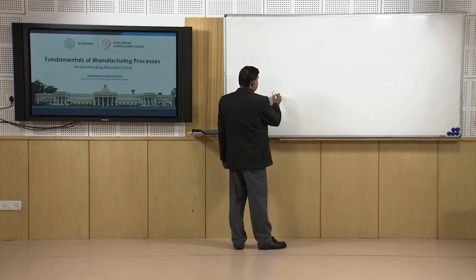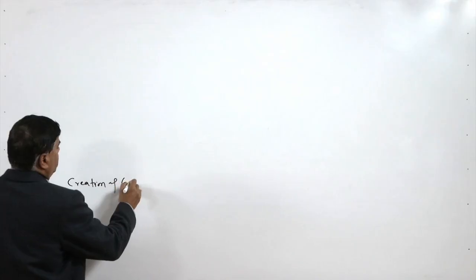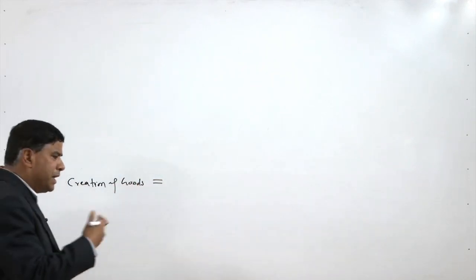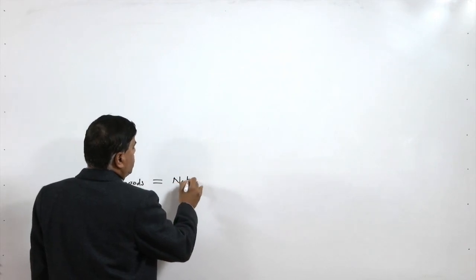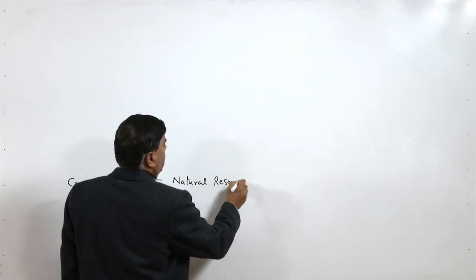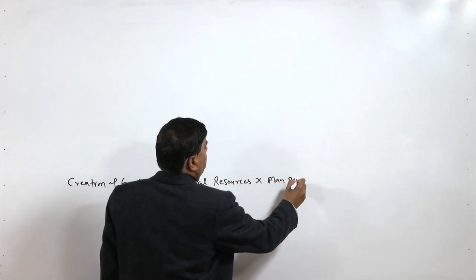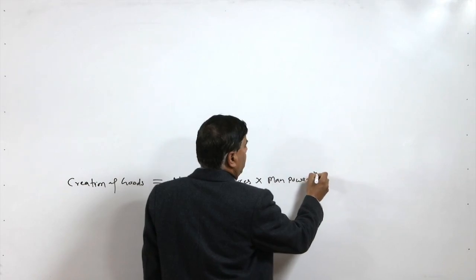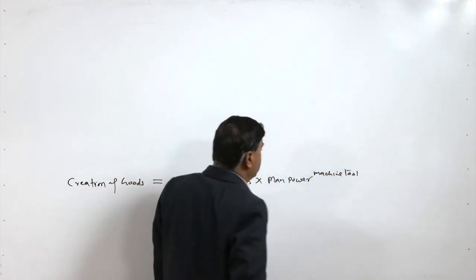So, you can say the creation of goods is qualitatively expressed using an expression like natural resources multiplied by manpower, raised to the power of the machine tool involved in production of the goods.